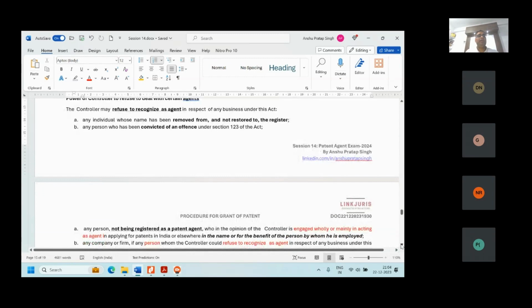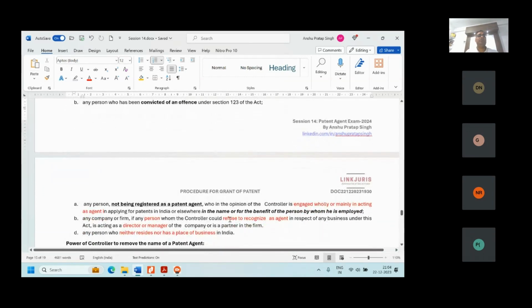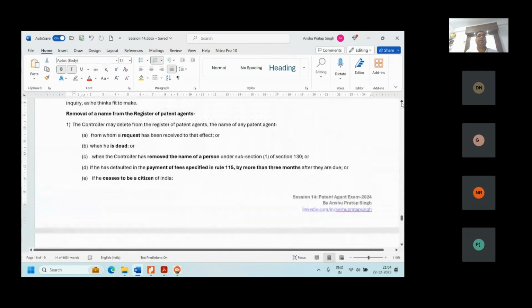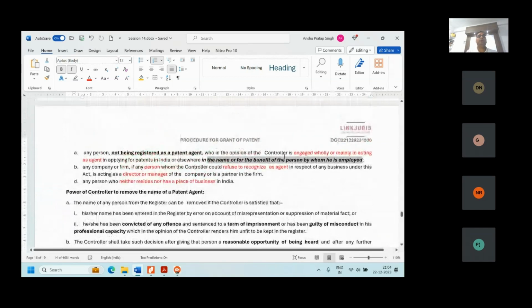Then comes any person not being registered as a patent agent who is engaged wholly or mainly in acting as a patent agent for revenue purposes. Same thing: you are acting as a patent agent while you are not entitled. For the person who has employed you, you are still working for them as a patent agent. No, you cannot do that.